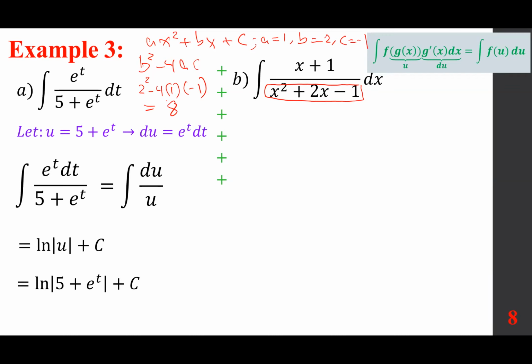We just continue with the way it's given. Since we can't simplify, we let u be the denominator, which is x squared plus 2x minus 1. If we differentiate this, we get 2x plus 2. So it's 2 times x plus 1. And therefore, du is 2 times x plus 1 dx.